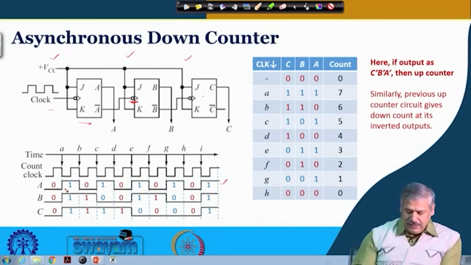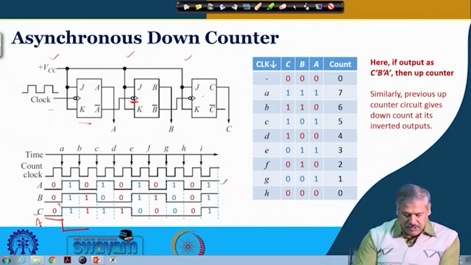There is a negative edge over here which will trigger it. Trigger means it will toggle. So B will go from 0 to 1. Is it fine?